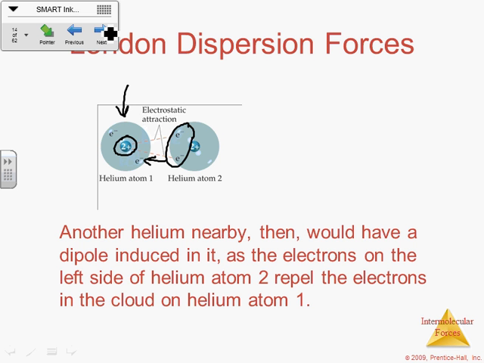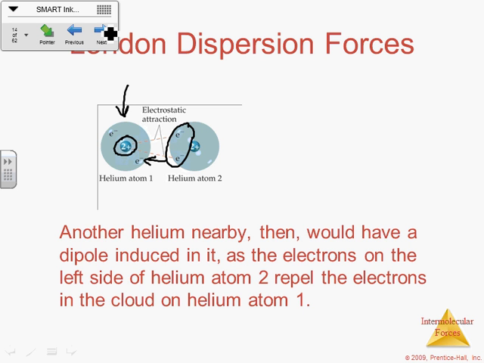And so they sort of induce a dipole. Induce means they essentially cause it in something else. So they come into contact with another helium atom, and there's a slight dipole moment that gets created there because of that instantaneous dipole on the other atom.